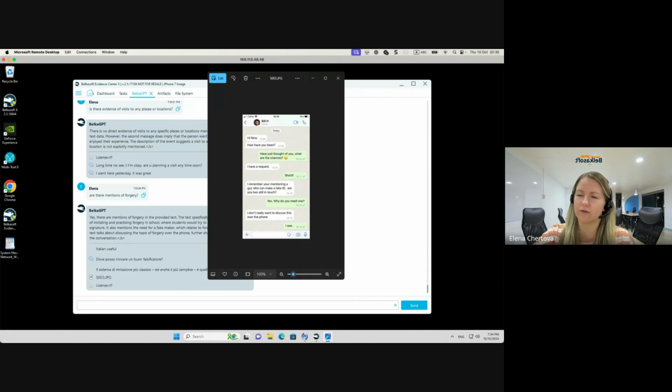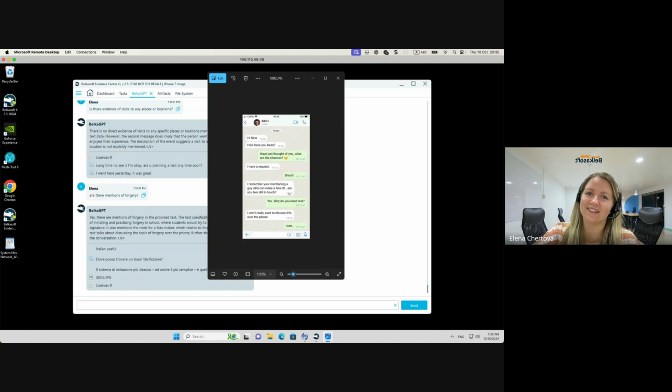We usually also run text recognition to identify any text artifacts if they are available in the case, and they are stored as images, which happens a lot. And here we can see a screenshot of a conversation where someone is asking to make a fake ID.